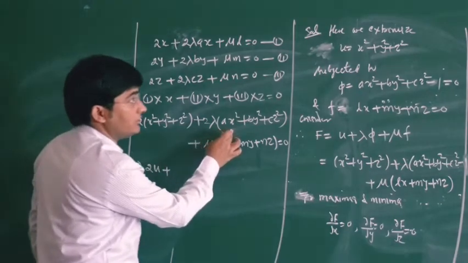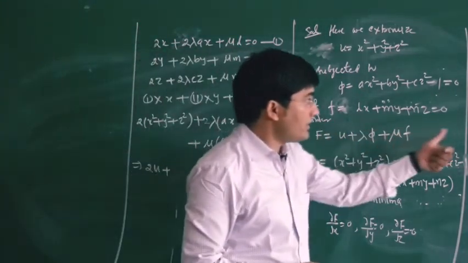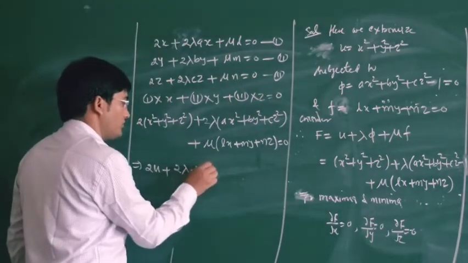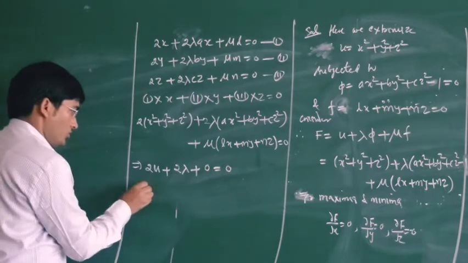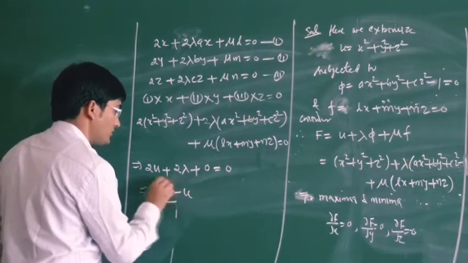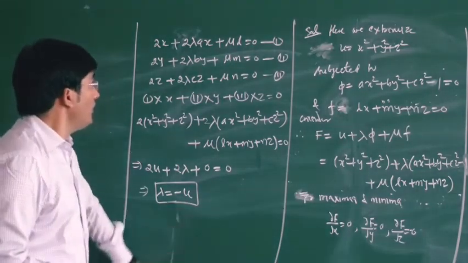Now ax square plus by square plus cz square is 1, so this will be 2 lambda. Now this is your 0, so we have 0. So our value of lambda is minus u.